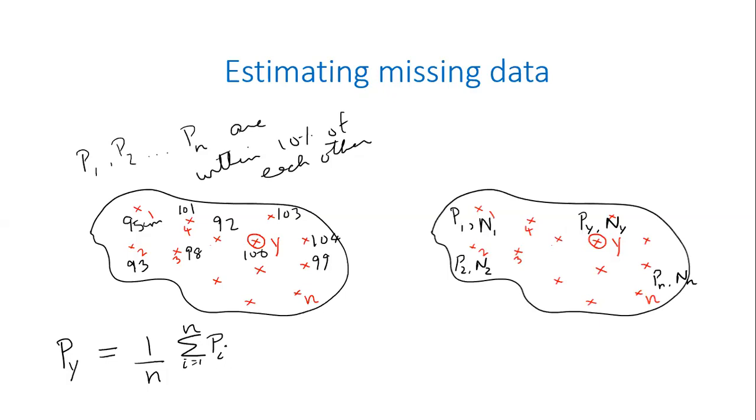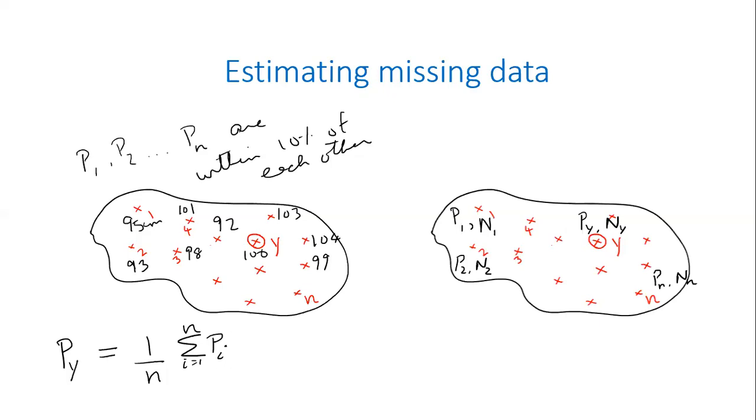So N1, N2, N3 are all known because that is the average of the last 15 years. That is known at every location. Py, which is unknown, is the only thing that is not known. Everything else is known: P1 is known, N1 is known, P2, N2, Pn, Nn, Ny. In all of these different terms, the only term that is unknown is Py.